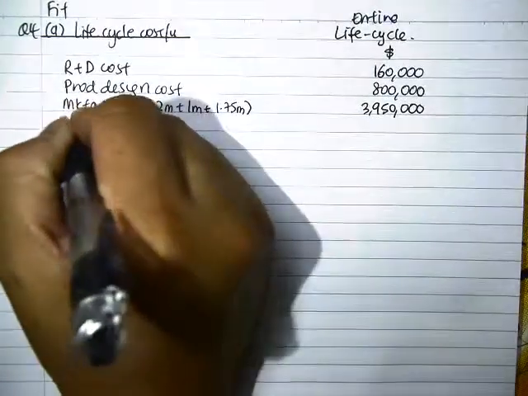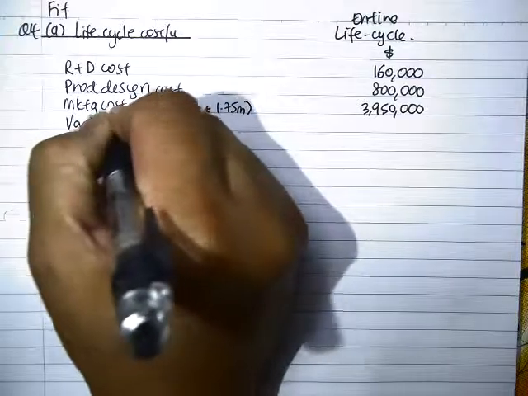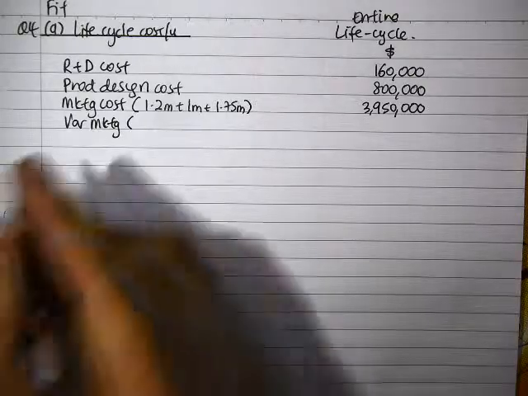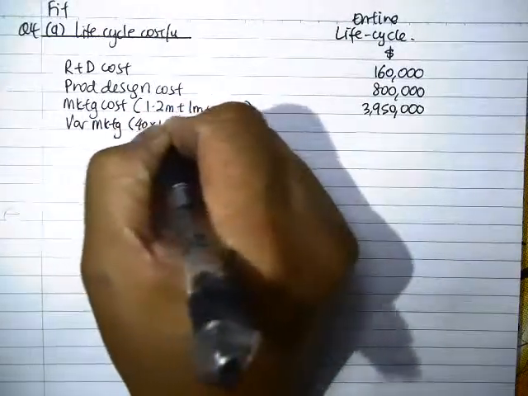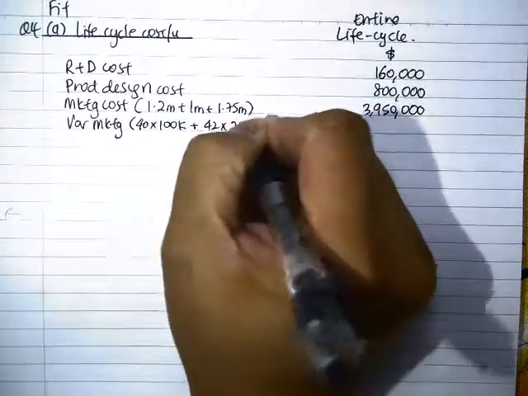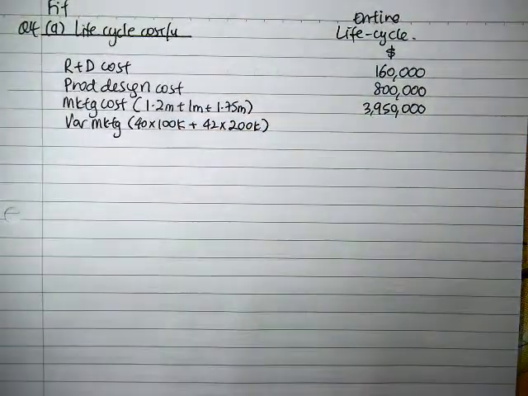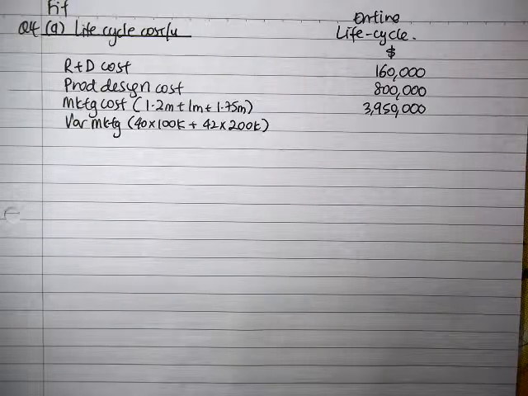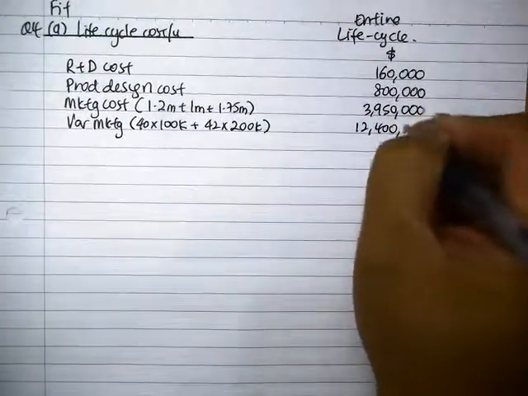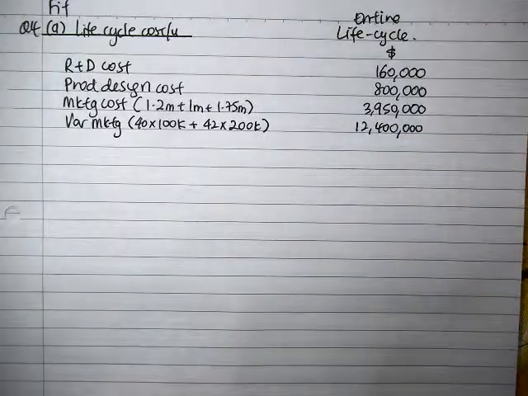So the variable marketing, now the cost is changing over the year, so that's why you have to calculate one by one. 40 plus 42 times 200, $12.4 million.